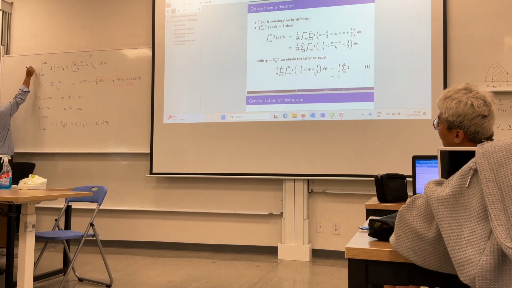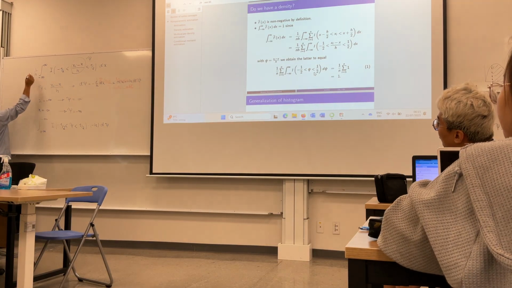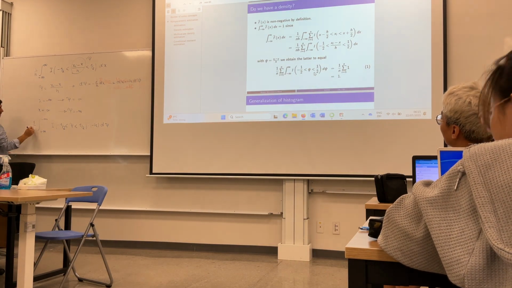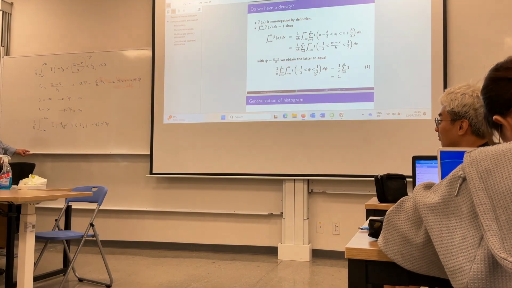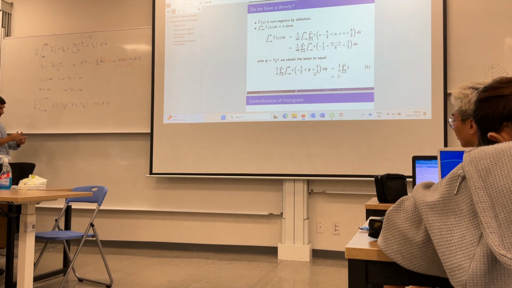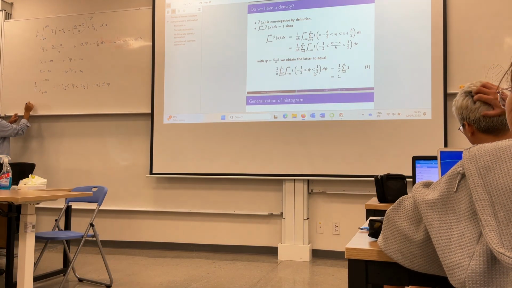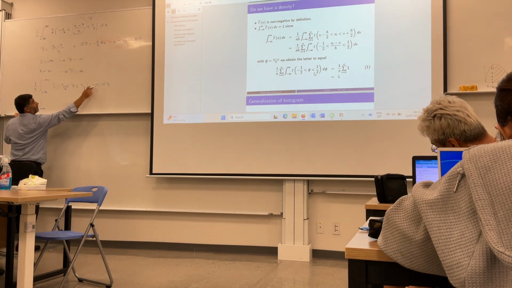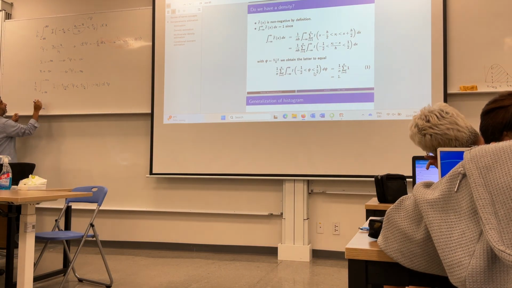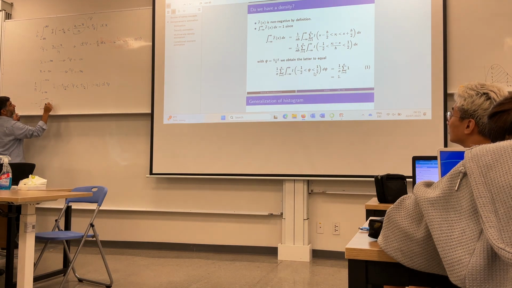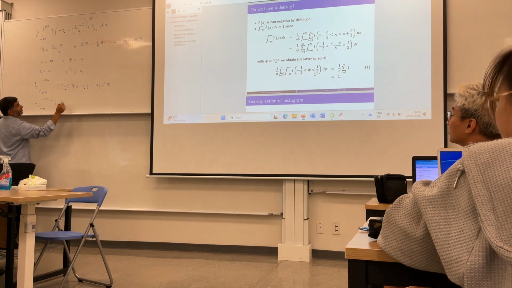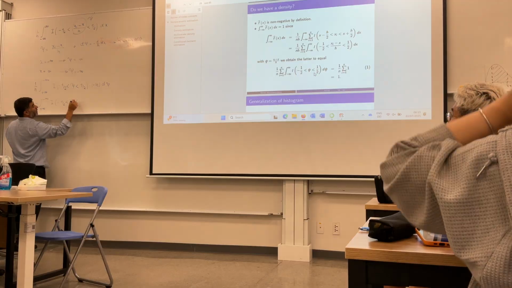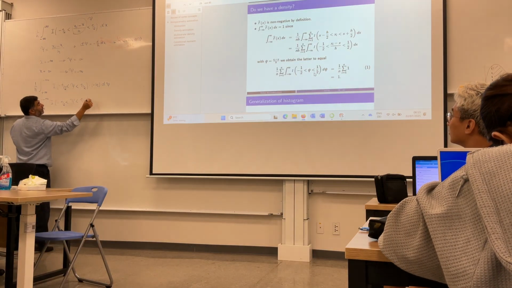Well, there was 1 over h here, so h with h cancel. This became minus the integration of I of minus 1/2 smaller than psi, smaller than 1/2, d psi.